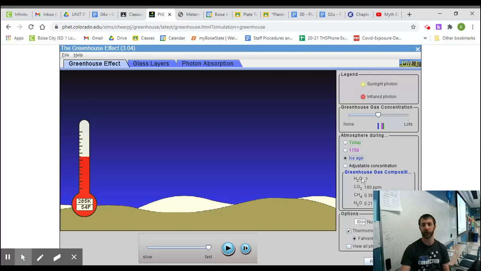Remember to keep in mind that you can see the greenhouse gas concentrations over here on the right.